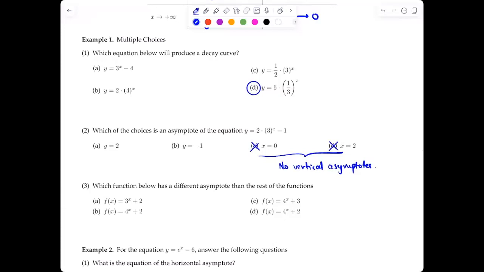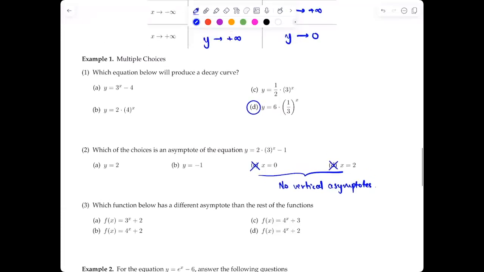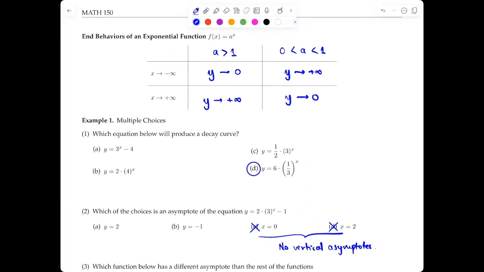Remember, when we give definitions for horizontal asymptote, we tell you the end behavior of functions. Similarly here, we go back to the definitions of the end behavior of exponential functions. So in this case, is this an exponential growth or exponential decay function? And how would you classify it? What factor should we use to classify that?